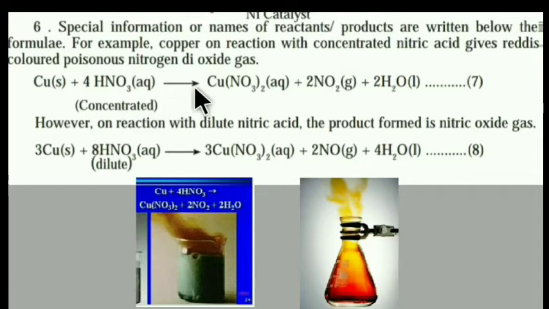When the reaction happens, there is formation of Cu(NO3)2, that is aqueous state, 2NO2, that is nitrogen dioxide gas, and 2H2O in liquid state. This is the seventh equation.